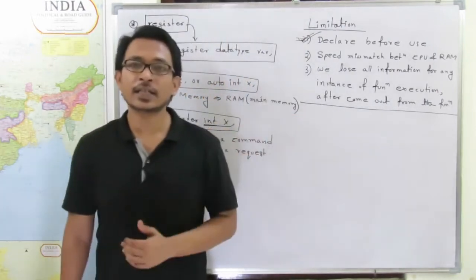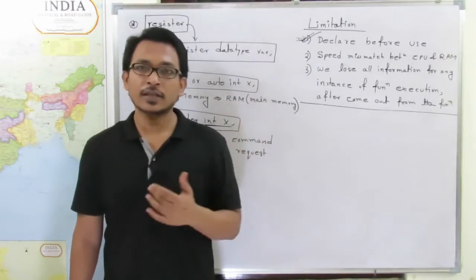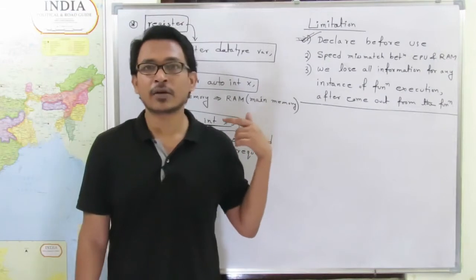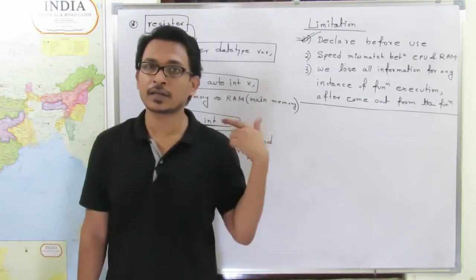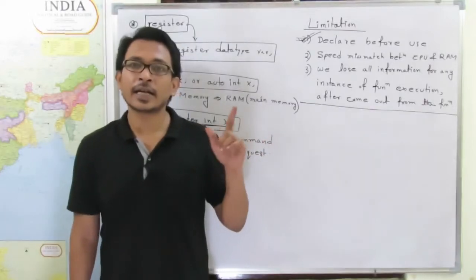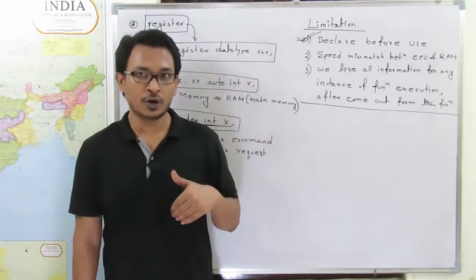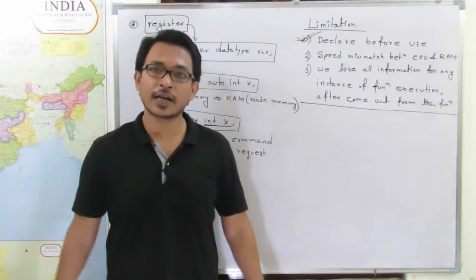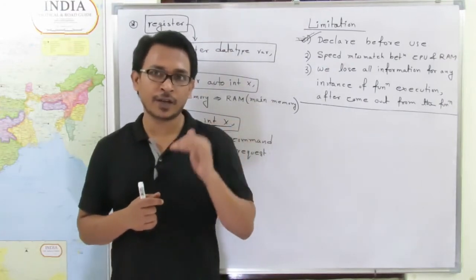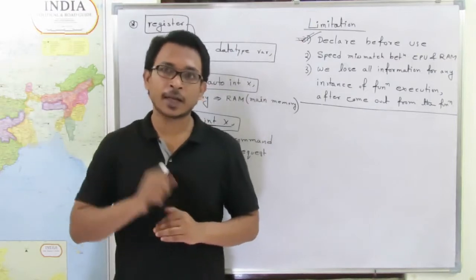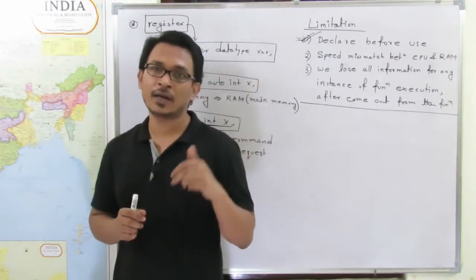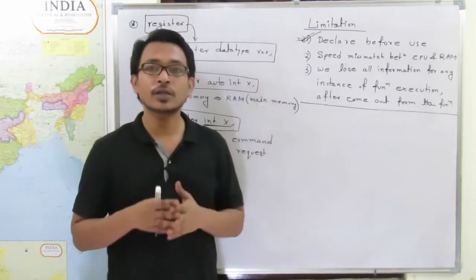Now when the storage class register is used, the system takes this instruction as a request and first searches for a register, checking whether any register is available or not. If that many registers are available, the system will allocate memory for the variable from a register. Clear? And if it is not available, what will the system do?